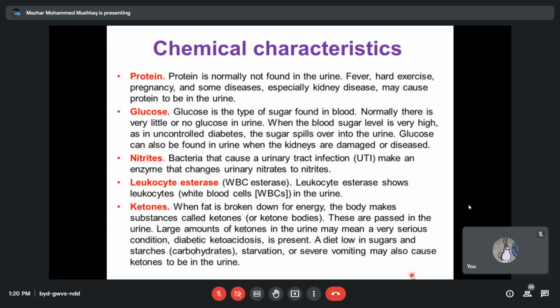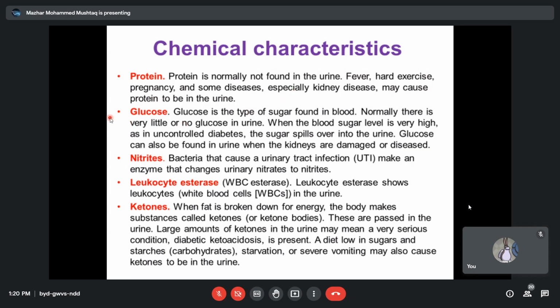Proteins can be in the urine if there is a very severe fever, hard exercise, pregnancy, or in some special diseases, kidney diseases, and that can be dangerous. But with fever, hard exercise, and pregnancy, it is somewhat considered normal. If there is any other associated disease with these, then that can be an alarming condition.